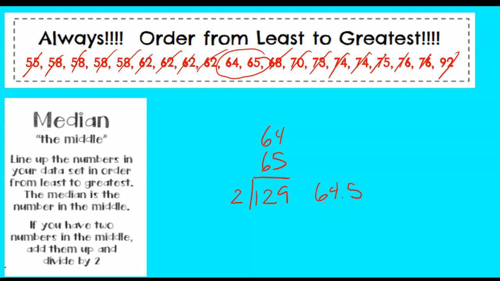That gives us our median, because there were two numbers in the middle and not just one. So basically anytime your list has an even number of data points, you'll have to divide by 2. But when you have an odd number of data points, you'll just have 1 left over. Questions about this one?